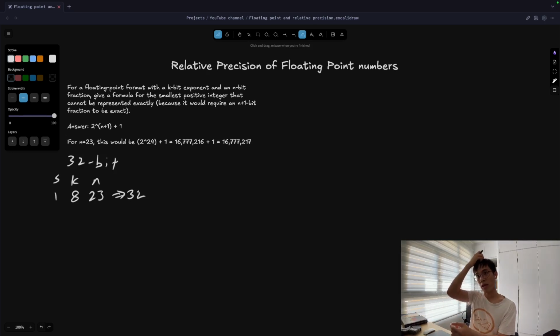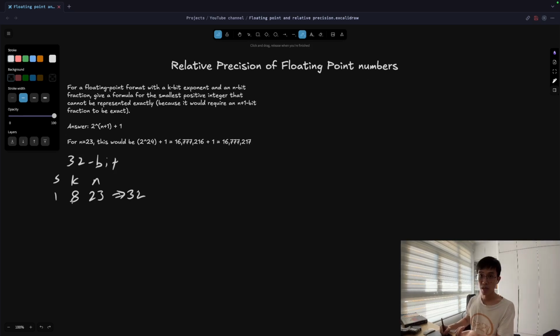I am going to start with how I understand floating point and how this has shown me why this number here is the smallest number that F32 cannot represent.